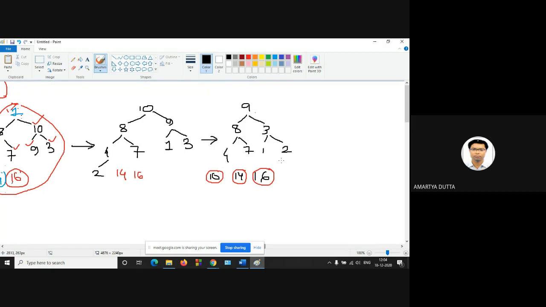So after successive computations, you will get the final tree structure in this form.